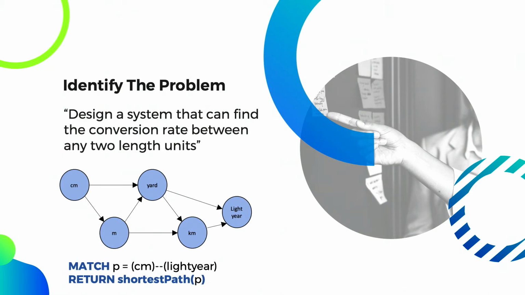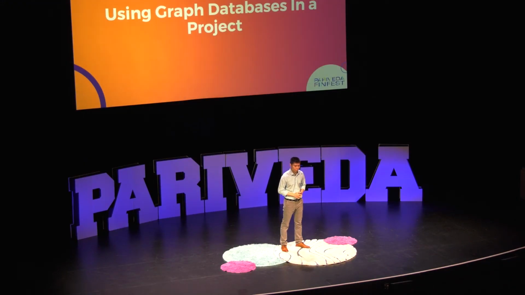The relationship connecting them is the conversion rate. So we can just find a possible path and get all of those relationships to connect this path and multiply them together to get our answer. Pretty straightforward.